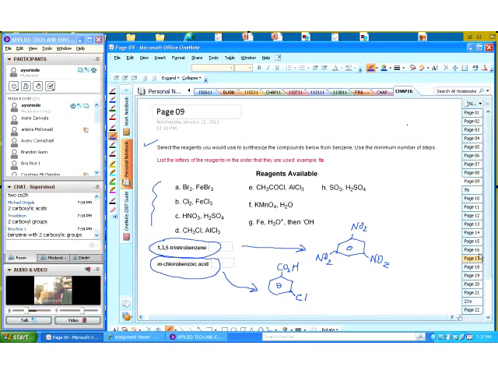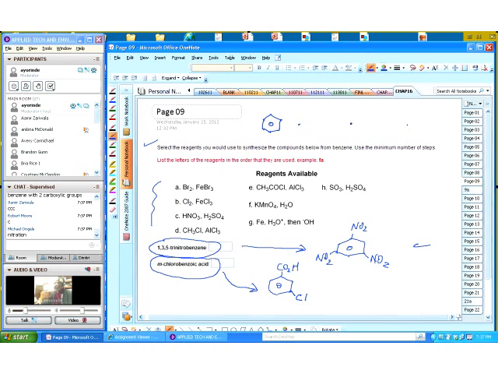Okay, so let us start with the first one. This one should be fairly simple. Does anybody know how to make this here from benzene? Okay, great. Somebody said nitration, excellent.